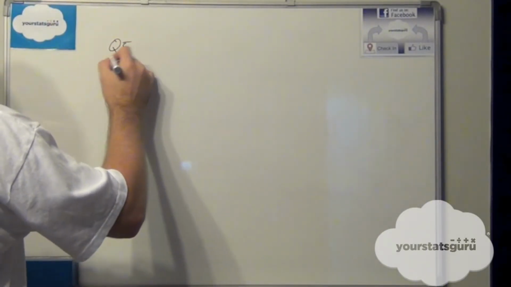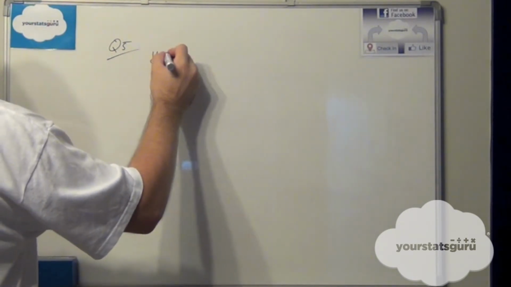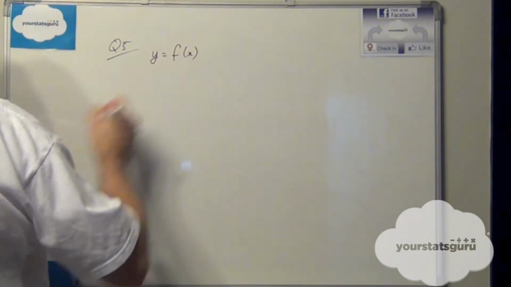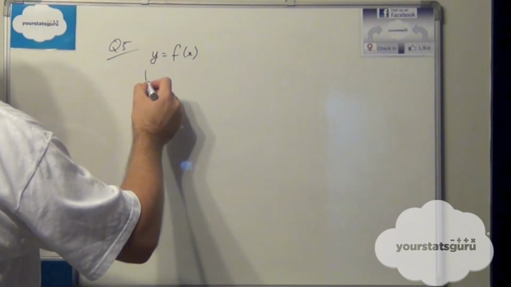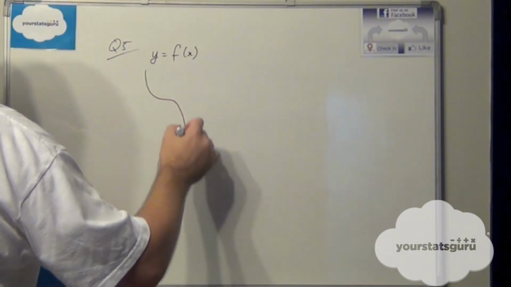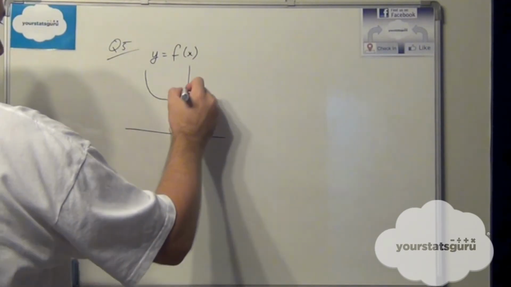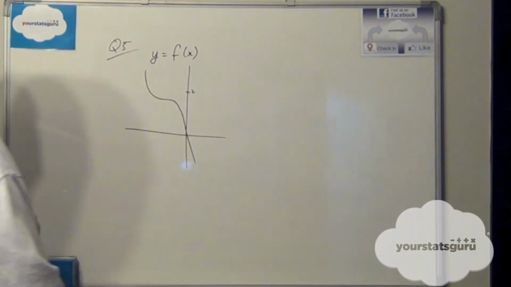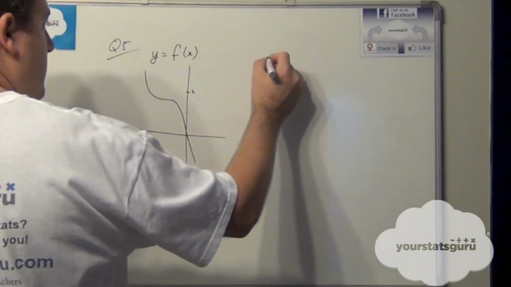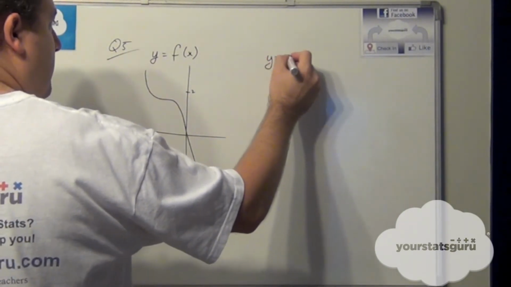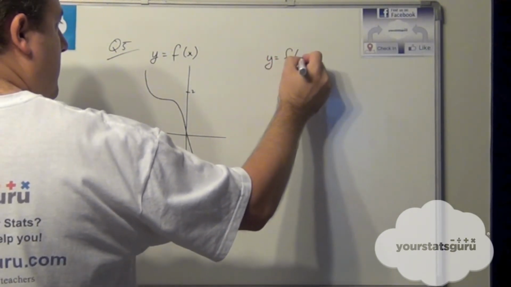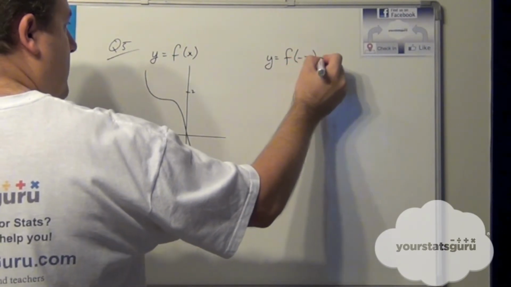Question 5. In question 5 I'm given a graph y is equal to f of x, and it looks something like this. And I'm asked to identify which of the graphs would be the function y is equal to f of minus x plus 1.